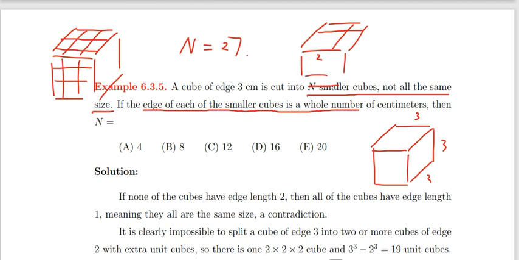If we cut 2 by 2, we have many smaller pieces left, right? Those can only be cut 1 by 1 by 1.